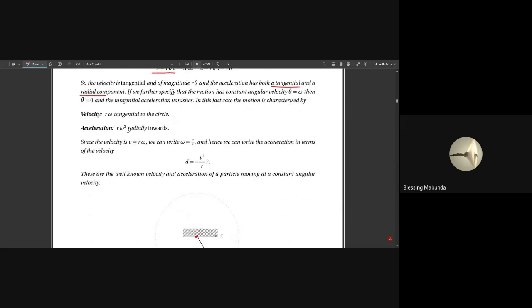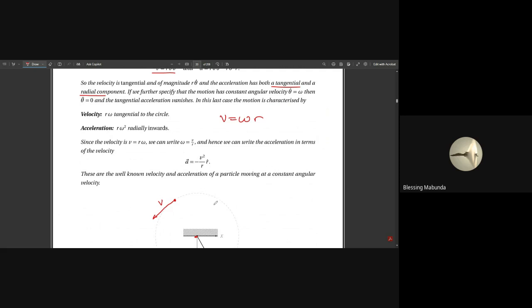Velocity r multiplied by omega, that's tangential to the circle. So our linear velocity is equal to omega r. This is the angular velocity multiplied by the radius. So if you wanted to work out the linear velocity of the particle at this point here, or at this point, that will be this linear velocity v.